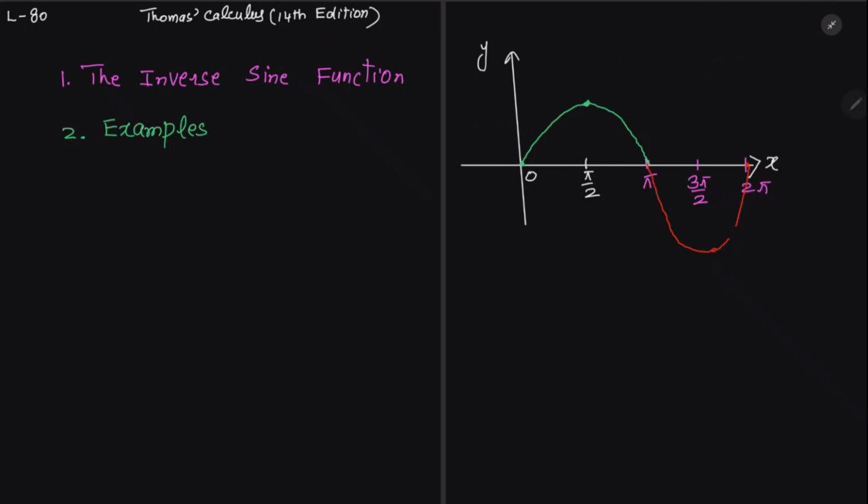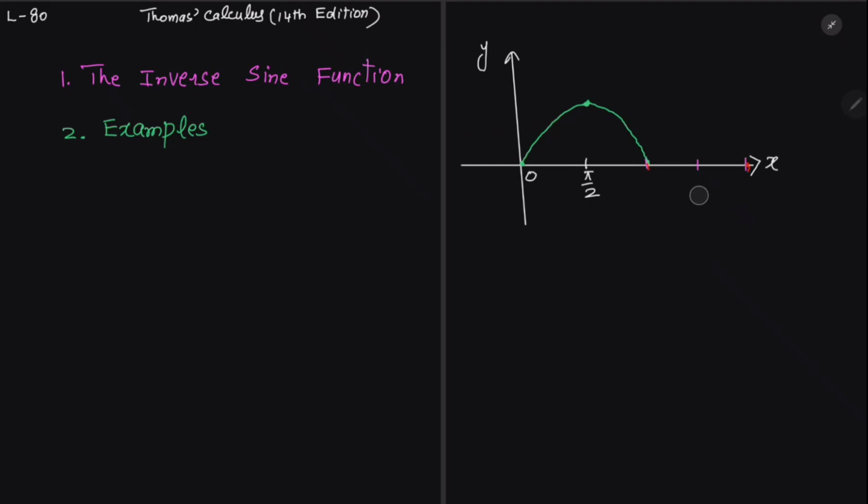Now what do we do? The problem is we have to find the inverse function anyway. So what we do, we try to restrict the domain. I restrict the domain, and for example, I want to make this function 1 to 1.